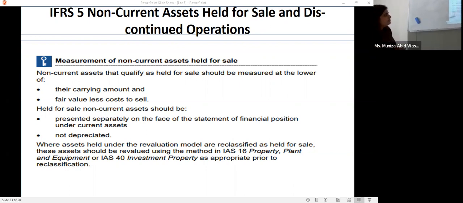Where the assets are held under the revaluation model and reclassified as held for sale, these assets should be revalued under the method of IAS 16, property, plant and equipment, or IAS 40 as appropriate, prior to reclassification.